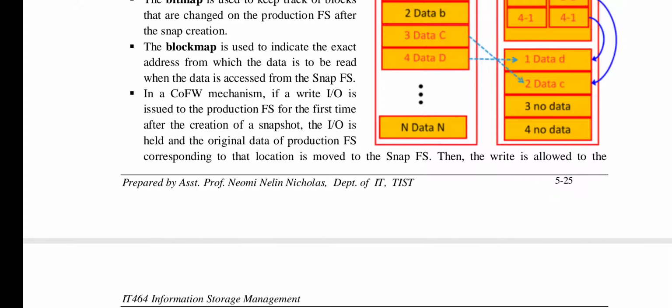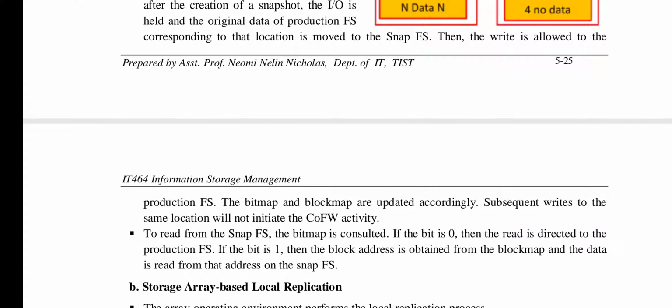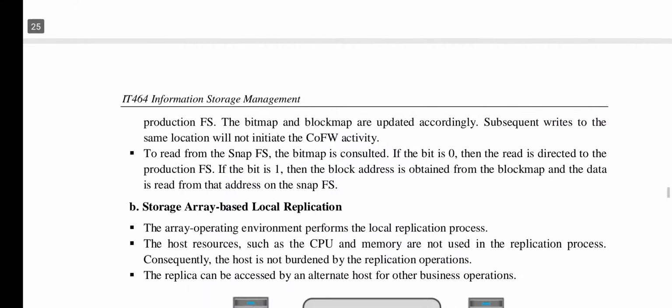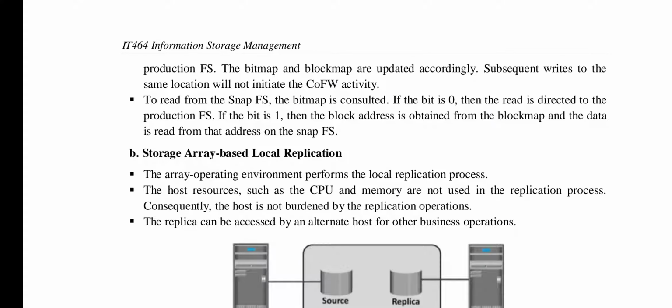So that is the kind of replication. The write is then allowed to the production FS. The bitmap and block map are then updated accordingly. Subsequent writes won't initiate the COFW activity.